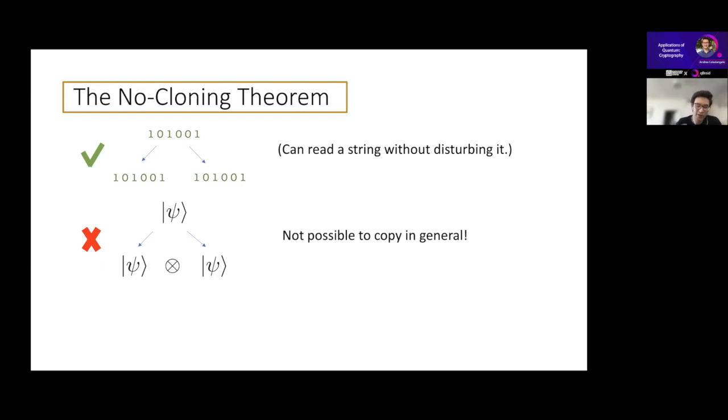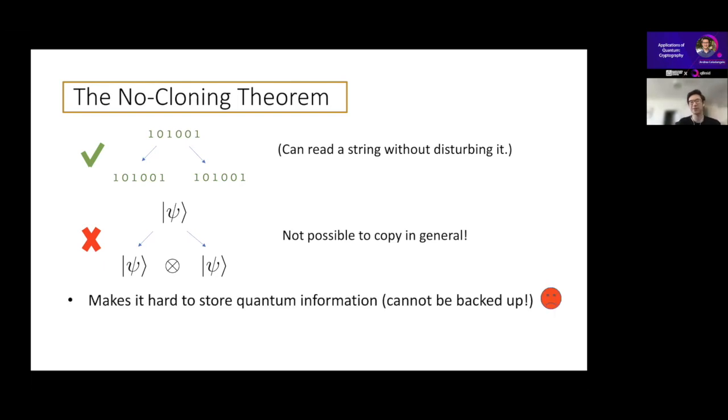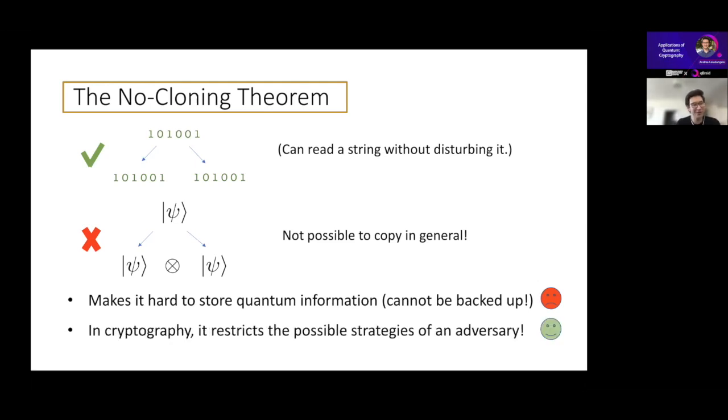So quantum information is very different in this regard. And now, on the one hand, this no cloning theorem is bad news. It says that, really fundamentally, it is hard to store quantum information. However, on the positive side, in a cryptographic setting, the no cloning theorem actually significantly restricts the possible attacks of a malicious adversary, because the adversary itself cannot copy information.